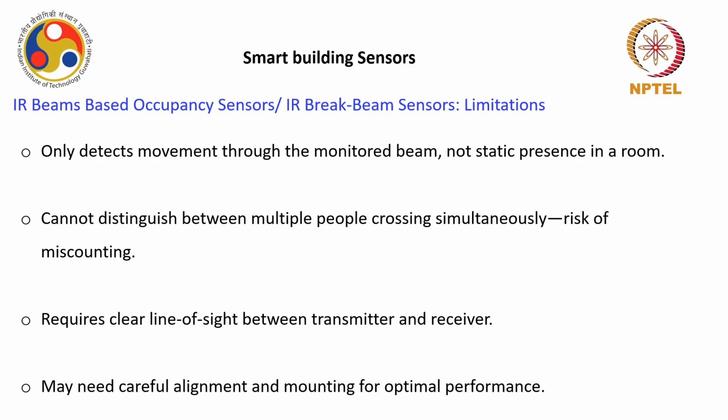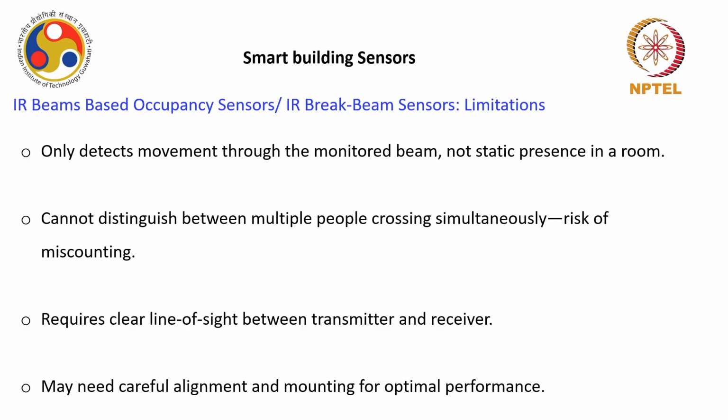It requires a clear line of sight between the transmitter and receiver. Of course, you can use it in the form of reflections, then you should use an array of detectors, but those are complicated scenarios. So for the time being we understand it as a line of sight based sensor only. It may need careful alignment and mounting for optimal performance.